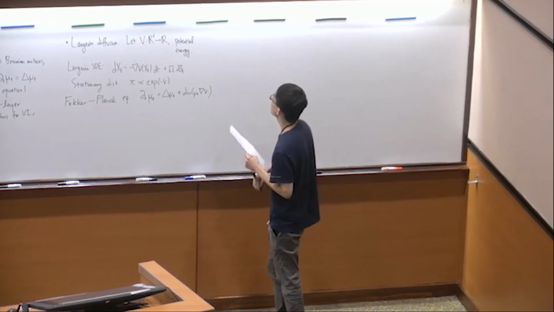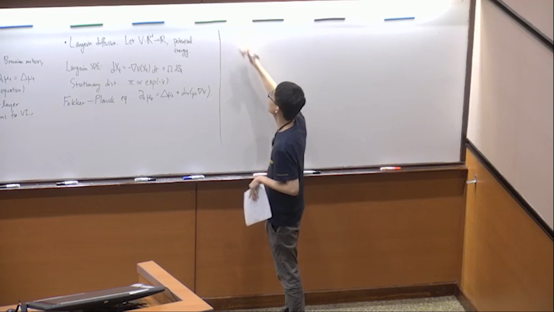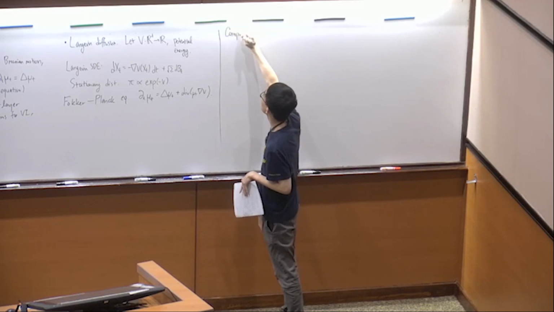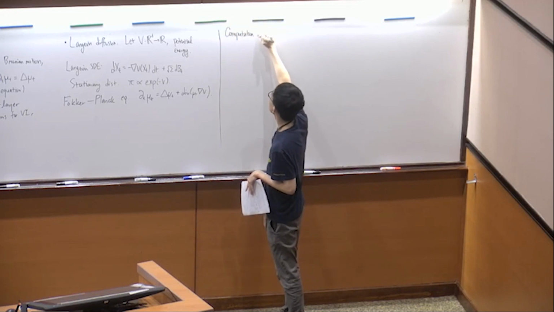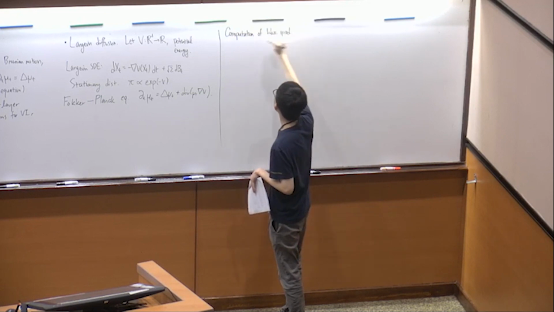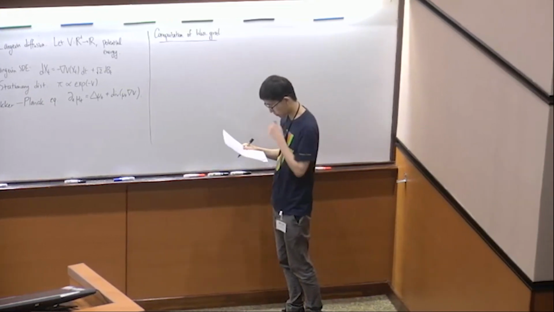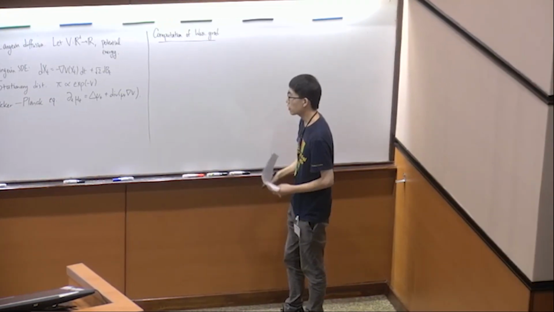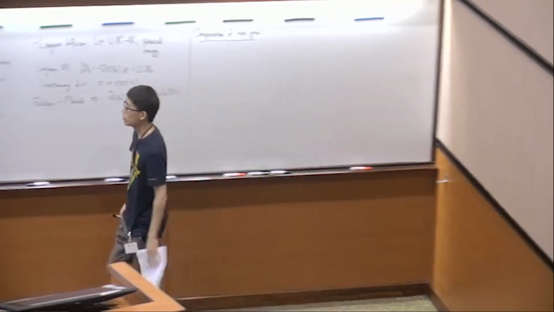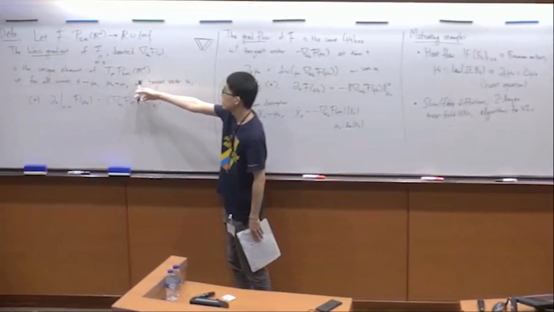All right, so without further ado, I think I'll just jump into the computation of the gradient. Okay, so how do we compute this gradient? Well, we go back to the definition of the gradient here.